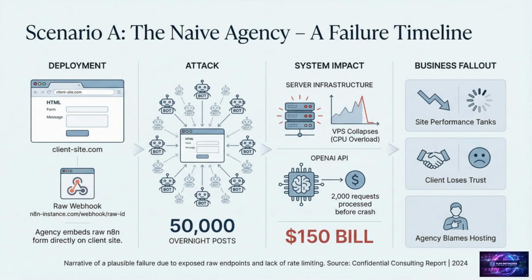Part 5. Real-world scenarios. Let's look at 2 real-world scenarios to illustrate the difference this makes. Scenario A. The naive agency. You build a free SEO audit tool for a client. You use a standard n8n form connected to GPT-5.1. You embed it on their WordPress site. A competitor hires a black hat SEO firm to attack your client.